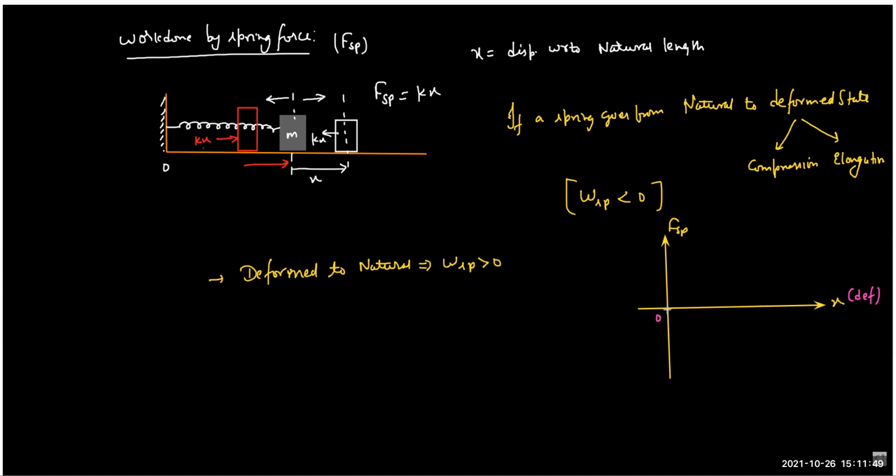So spring force will increase gradually like this, and it will increase linearly. You can see the force formula is kx, so it's a y equals mx formula, and because the direction is opposite, so it's a minus kx mathematically.